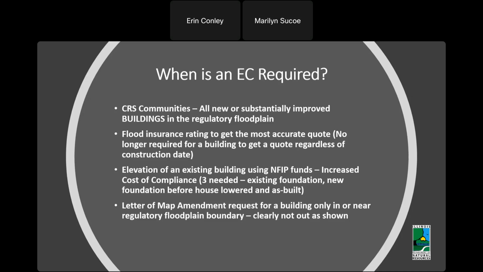They need one of the existing foundation before it is elevated. They need one of the new foundation before the house is lowered on that foundation, and they need another EC taken in the final as-built conditions when everything's complete, the site's graded, openings are all installed, and all the mechanical and equipment is in.